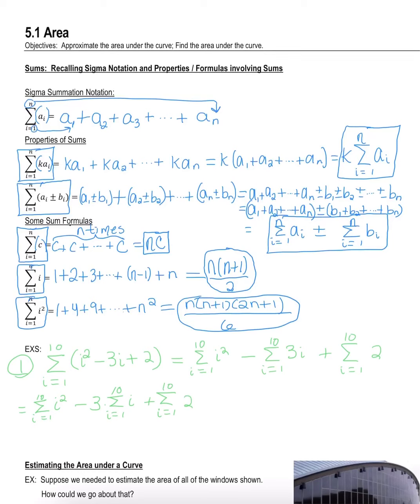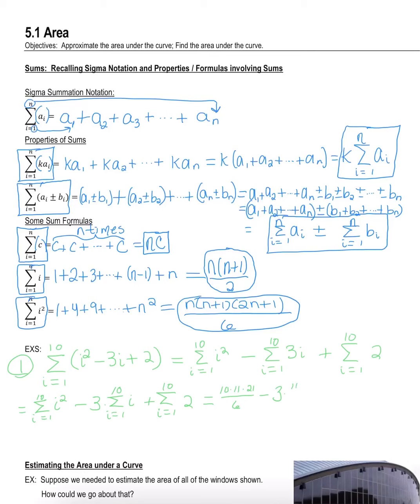And now we can use our sum formulas. The sum of the squares, that's the last one that we just did, n times n plus 1 times 2n plus 1 over 6. n in this case is 10. So the first one is going to be 10 times 11 times 21, all over 6, minus 3 times, in my second term here, the sum of the i's, that's the second formula in the list above, n times n plus 1 over 2.